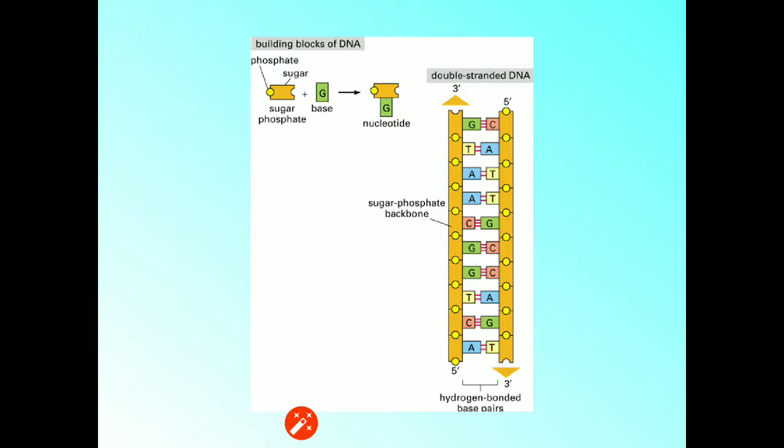Both the strands are anti-parallel in nature, as you can see that the first strand has the polarity 3' to 5', while the second strand has polarity 5' to 3'. That means both are anti-parallel, and the bases of both sides are joined together with the help of hydrogen bonds. It provides stability to the structure of DNA.